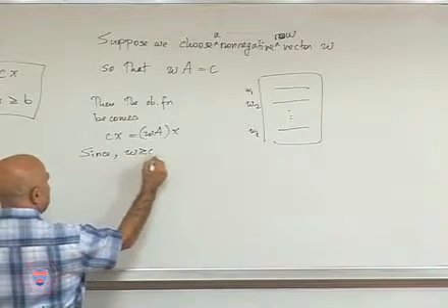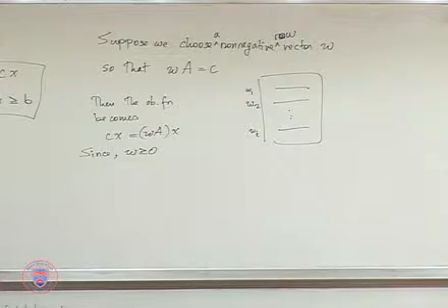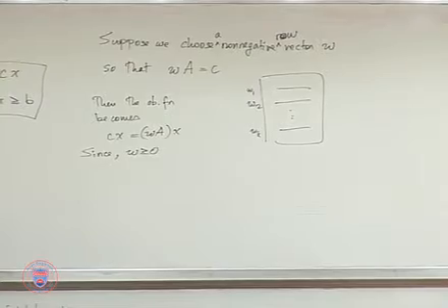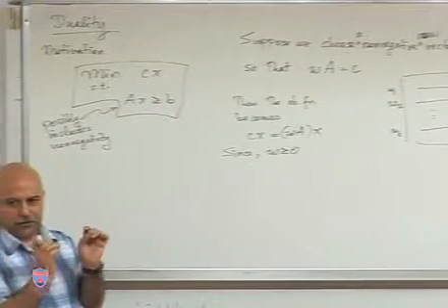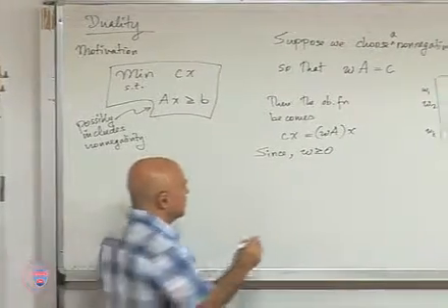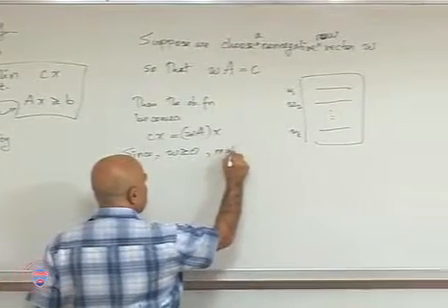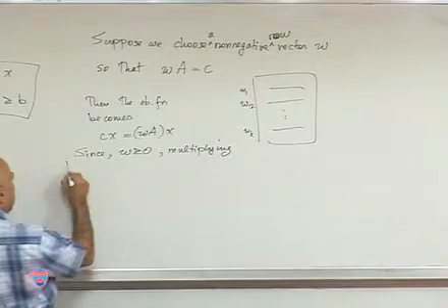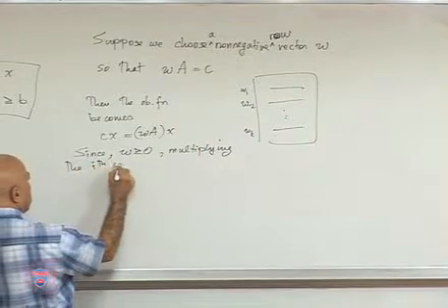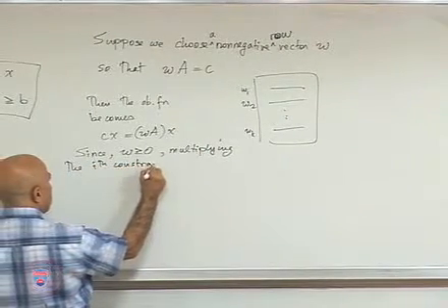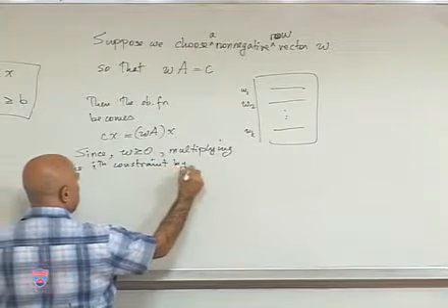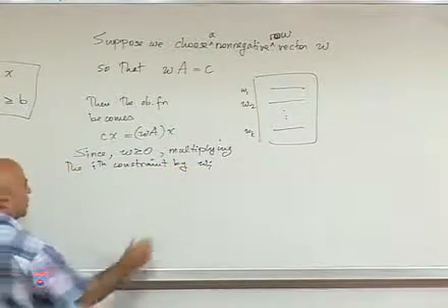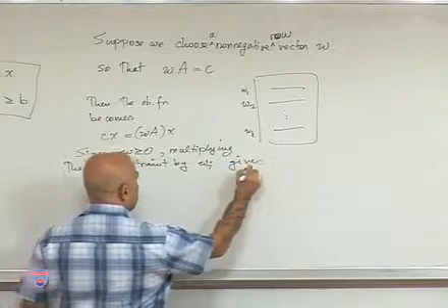Since W is non-negative in each component, I can actually multiply the constraints themselves by Wi, the ith constraint by Wi. Multiplying the ith constraint by Wi on both sides gives the following.